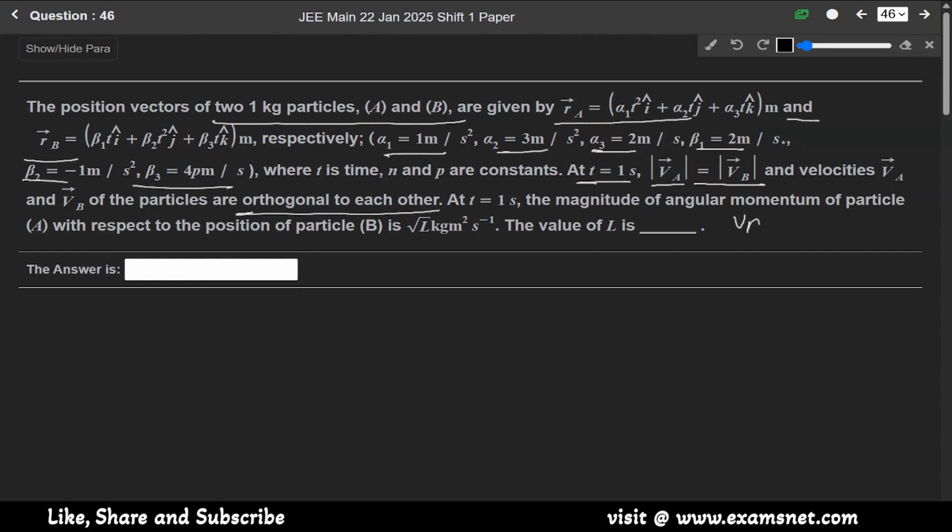Orthogonal means dot product will be equals to 0. At t equals to 1 second, the magnitude of angular momentum of particle A with respect to the position of the particle B is given by this. So we have to find the value of L. This question is from the chapter of kinematics.